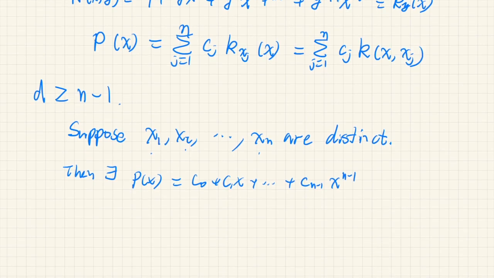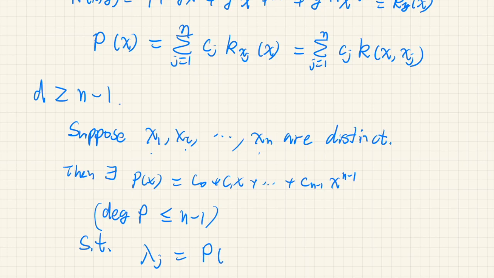So the degree of this polynomial is less than or equal to n minus 1, such that for each j, we have lambda j equals p of xj for j from 1 up to n. Okay, so let's prove this.